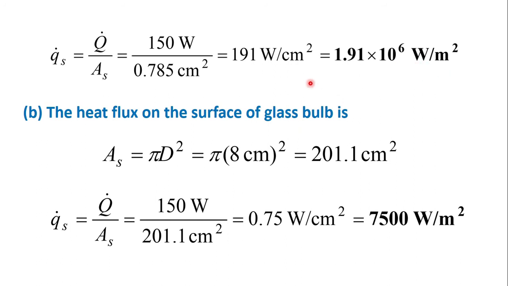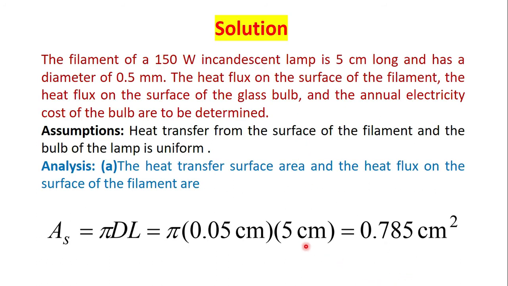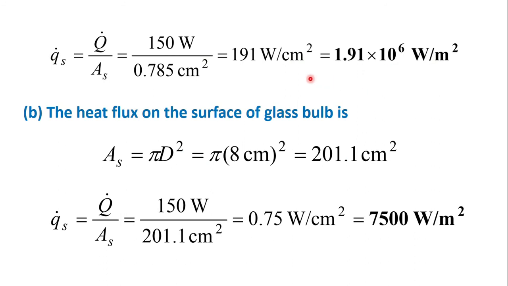Either you convert the units in the previous slide when you were calculating the area, or you can convert the units into meters after calculating the overall flux of the filament.